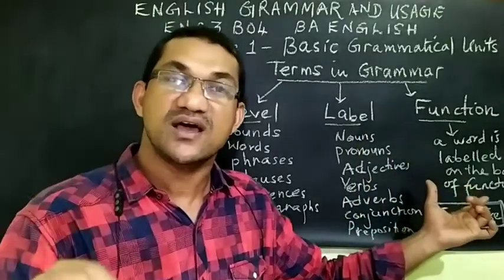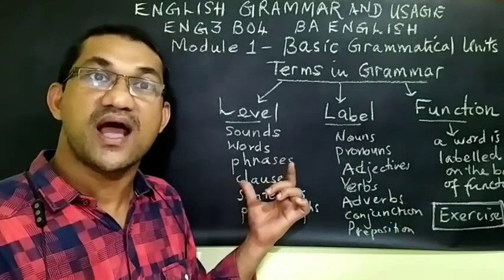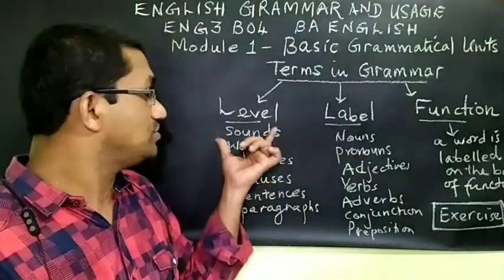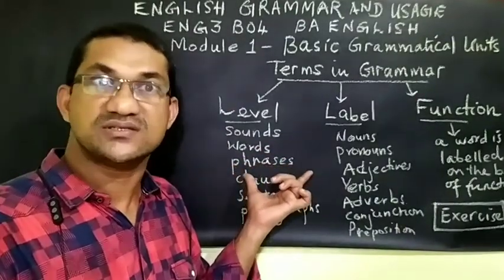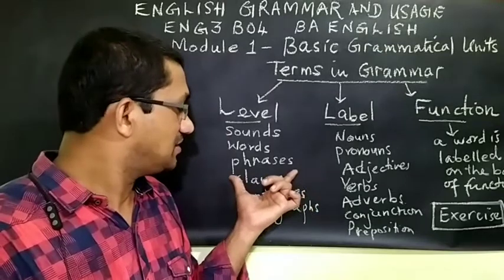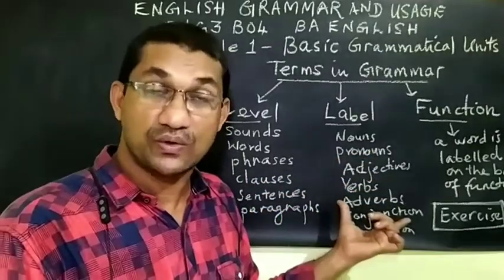So we understand that every element in the language has a function. Sounds have function, words have function, phrases have function. Similarly, clauses have function, and different labels also function.